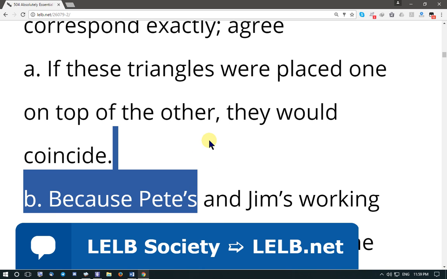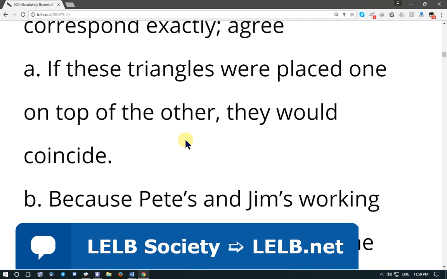For example, I just move the cursor of my mouse in this way. This is a triangle. So if we put 2 triangles one on top of the other, they would coincide or correspond to each other, and maybe actually they form a symmetrical shape.